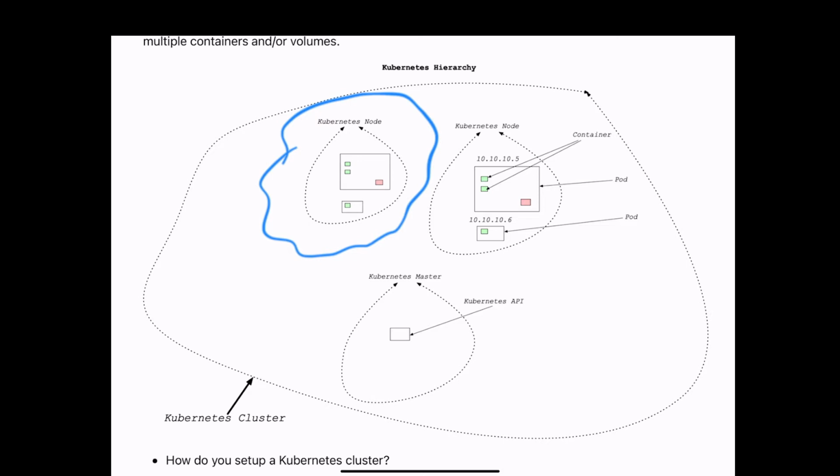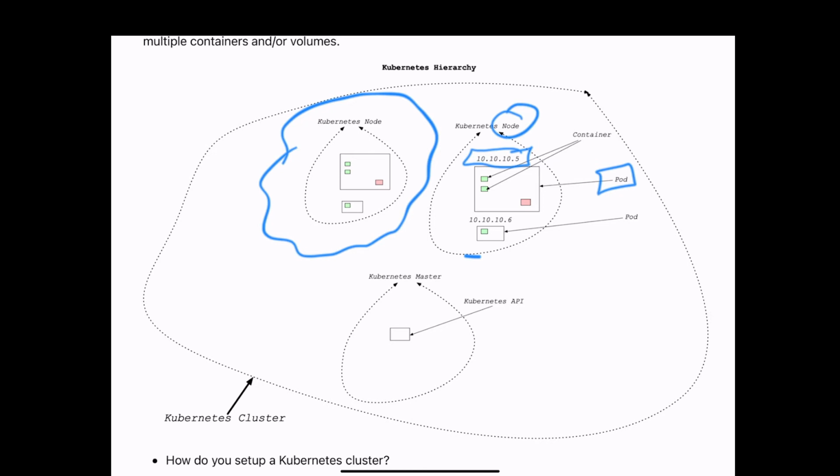If you look at a Docker format container, that Docker format container would be one of these, but you can have multiple containers running inside something called a pod. And so that's what this does, a pod goes through here and you could run some series of containers inside and then have an IP address associated with it. Alternately, you also can have multiple pods all running inside of a Kubernetes node. So you can have multiple containers inside of a pod, and you can have multiple pods inside of a node.